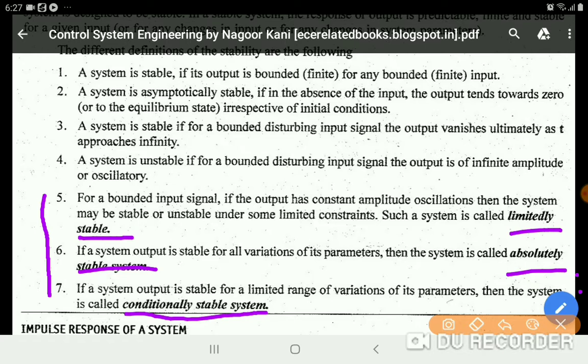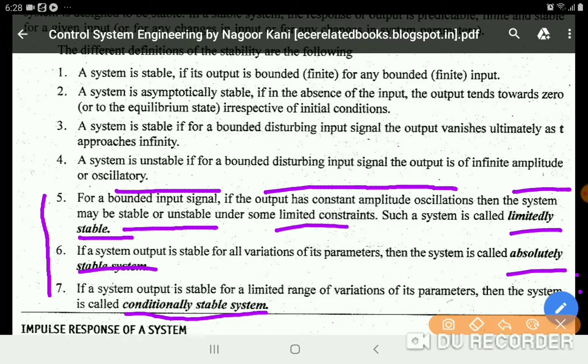For a bounded, means finite, input signal, if the output has constant amplitude oscillations, then the system may be stable or unstable under limited constraints. This system is called a limitedly stable system.